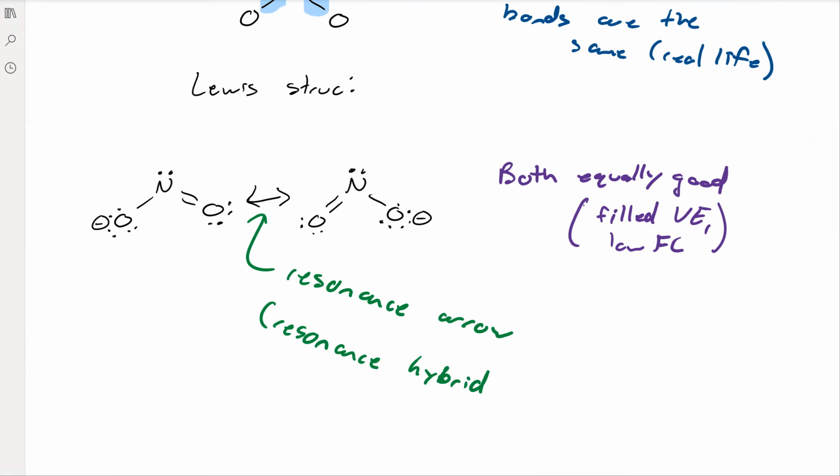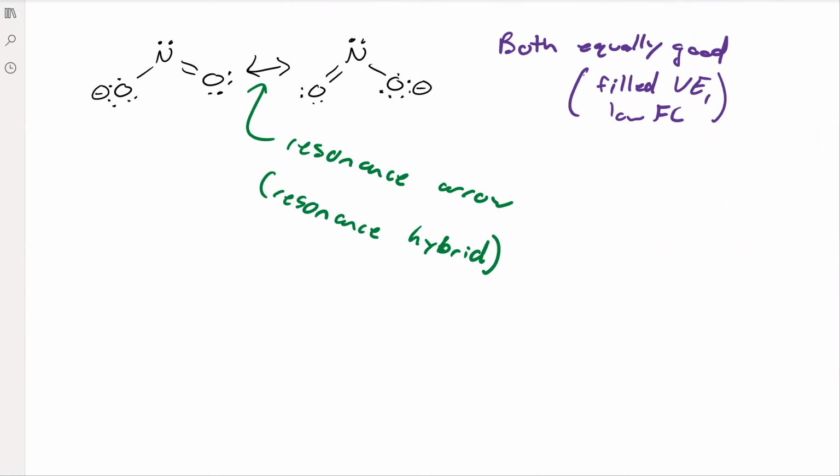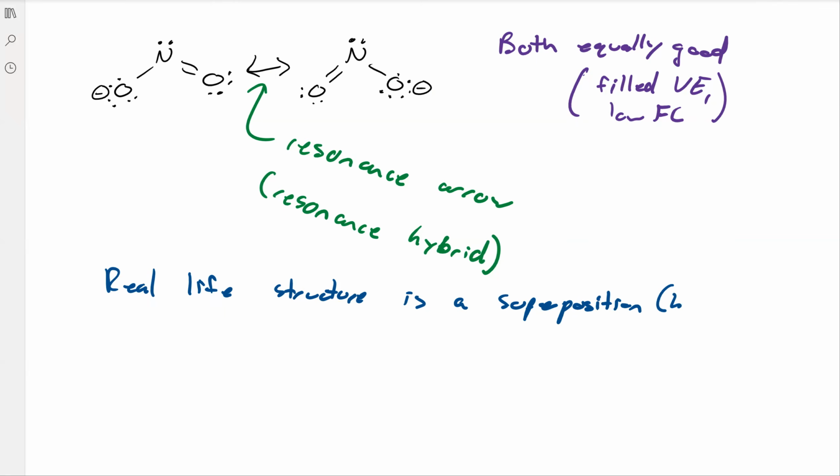What this tells us is that the real life structure is a superposition, or we can think of it just as a hybrid of the two resonance structures, right?